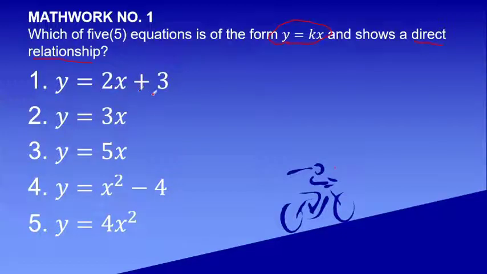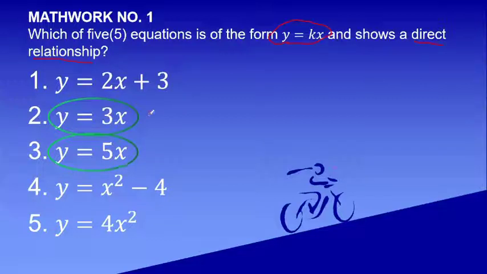Can it be a form of direct relationship? Thus, the equation 2y equals 3x shows a direct relationship. The equation 3, 4, or 5. So, ano na observe nyo? So, we have 2 equations that show a direct relationship. So, of course, ito yun, di ba?